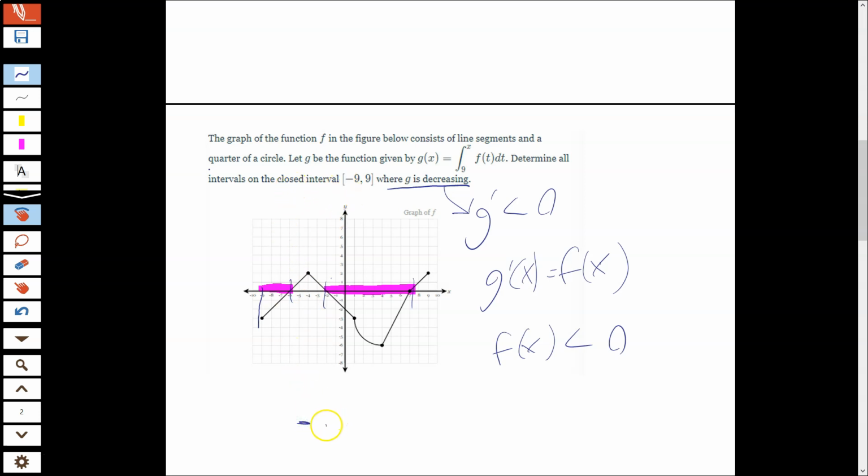I would say from -9 to -6, and -2 to 7. So again, we're taking a derivative and we're figuring out what the text is asking us to determine about the derivative. Here we want it to be less than 0, so we find those regions on the graph.